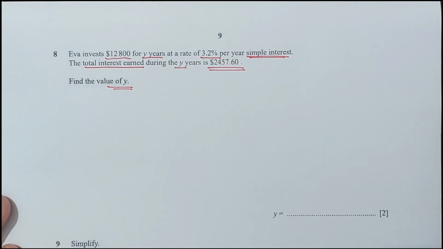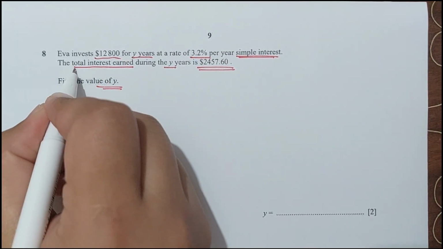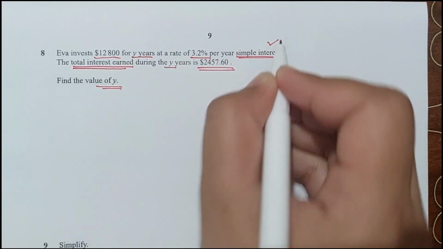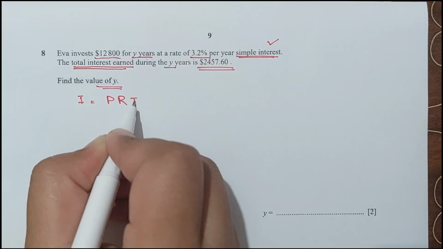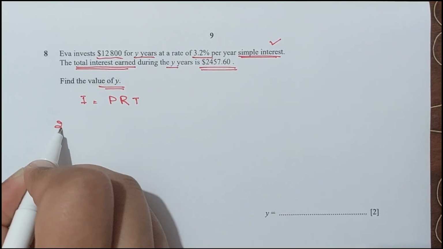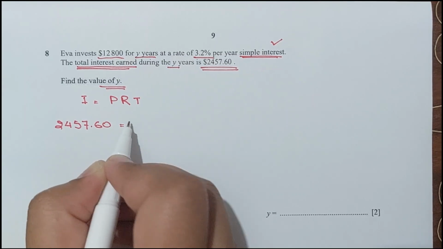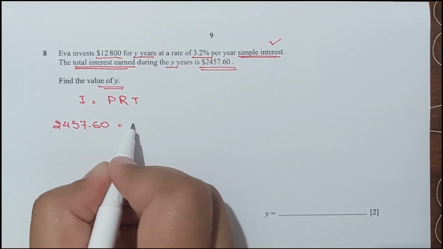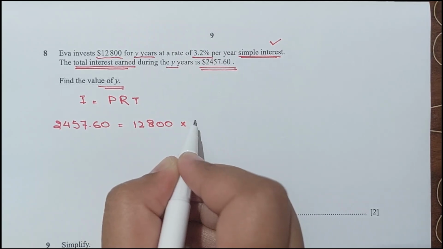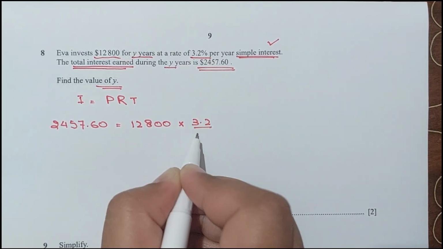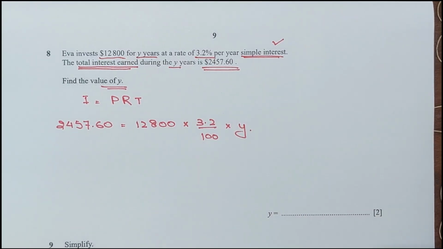Find the value of Y. For simple interest, I equals PRT. The total interest earned is $2457.60, P is the investment, which is 12,800, the interest rate is 3.2%, and the number of years is just Y.